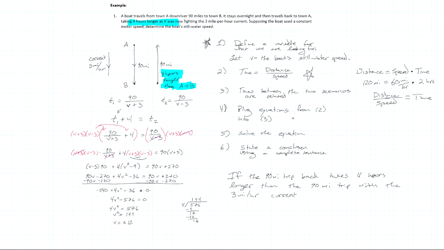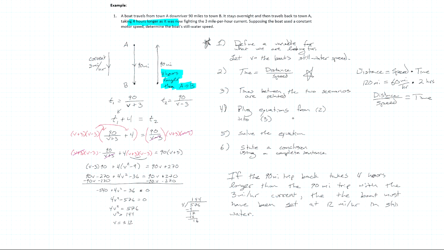These are all of the conditions we needed for this problem. Then the boat must have been set at 12 miles per hour in still water.